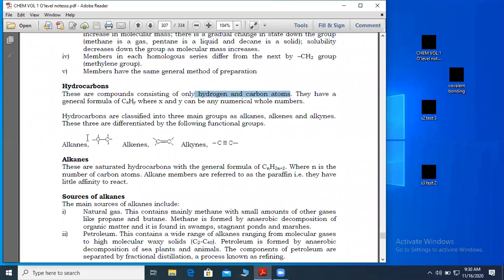From the definition of hydrocarbons, you can now mention the classification of hydrocarbons. At your level, you need to know that hydrocarbons are classified into 3 groups, and the groups are alkanes, alkenes, and alkynes.